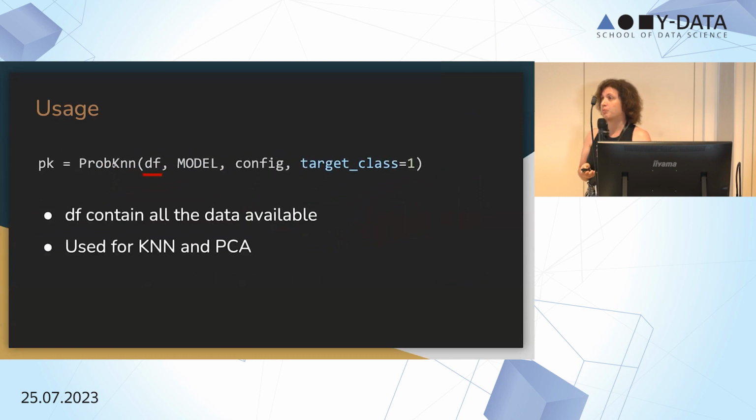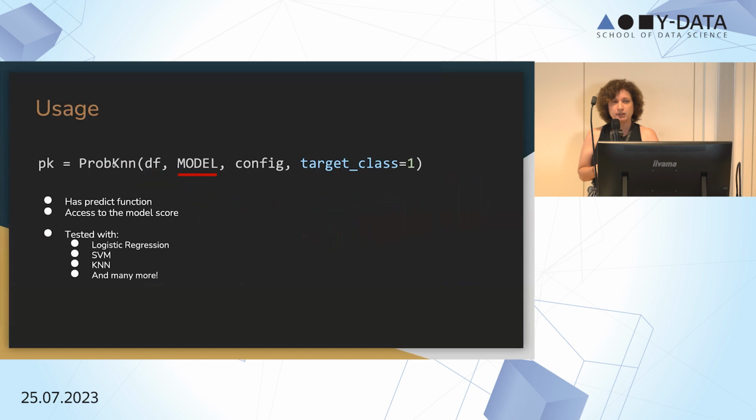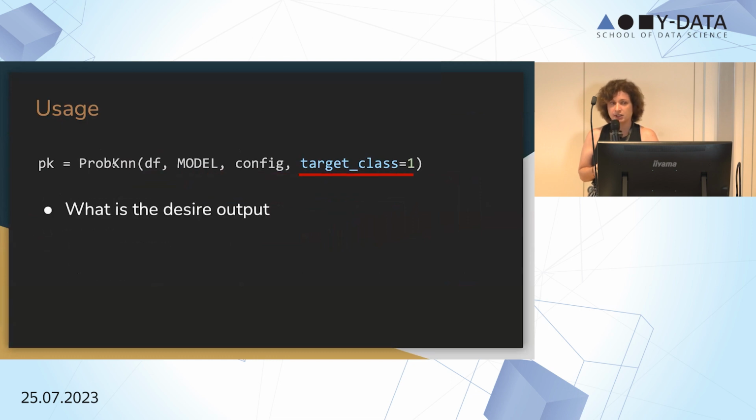Then you upload the model, and I should emphasize that there is only one thing that we want from the model, only the predict method. It's model agnostic, so we don't know what the model is behind. And then the configuration and the target class.